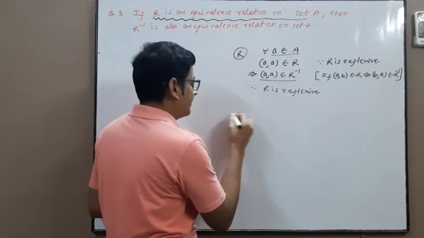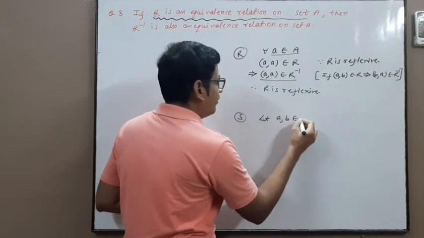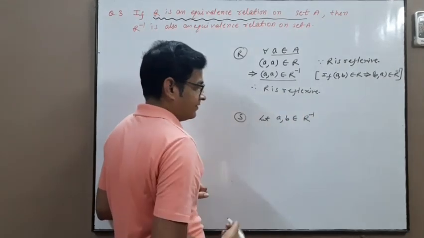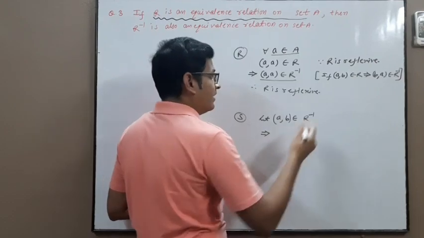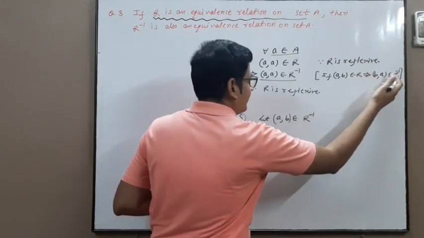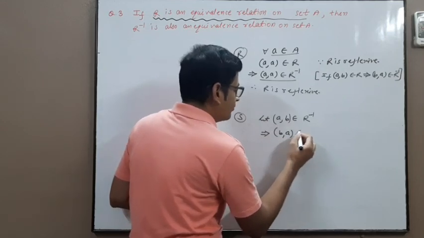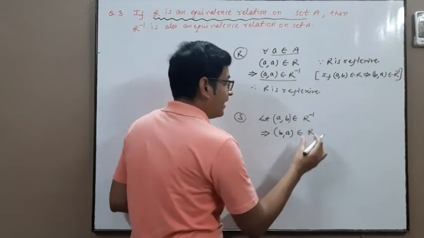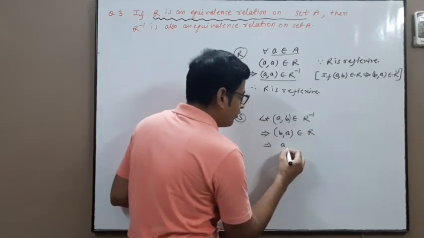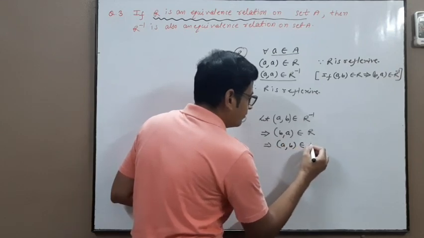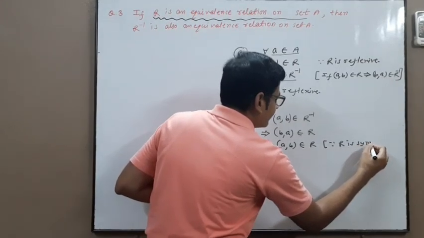Now for symmetric, let (a, b) belong to R inverse. By the definition of inverse relation, (a, b) belongs to R inverse implies (b, a) belongs to R. But R is symmetric, so if (b, a) belongs to R, then (a, b) belongs to R, since R is symmetric.